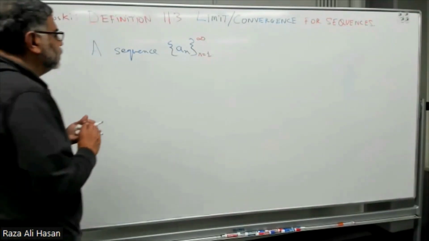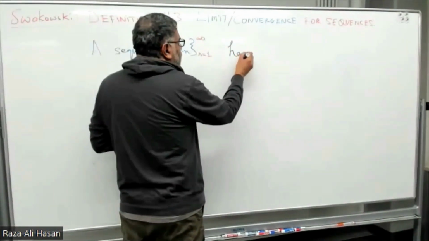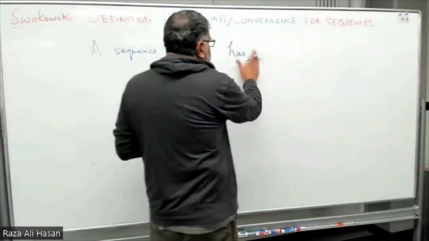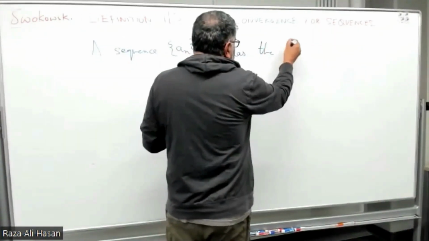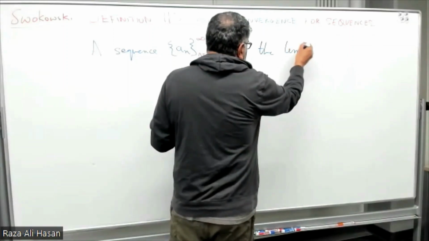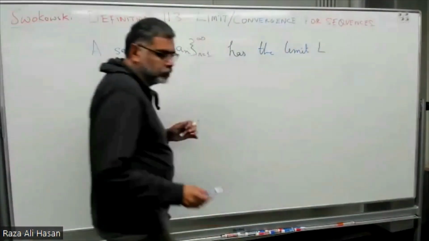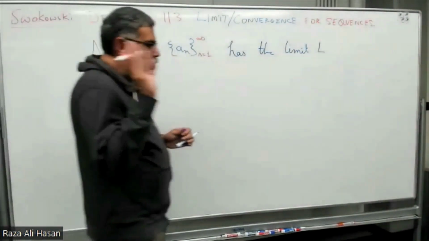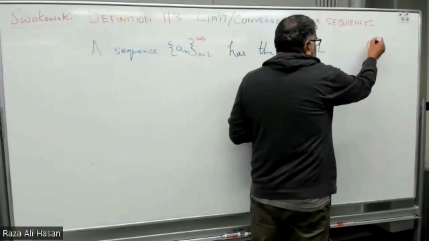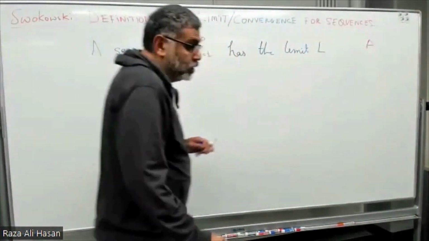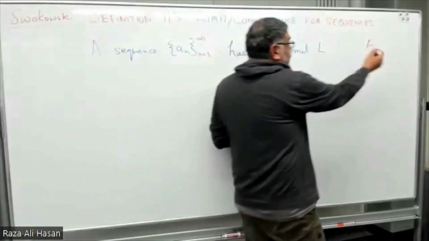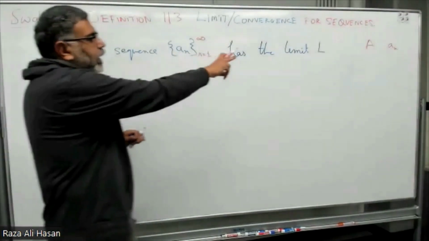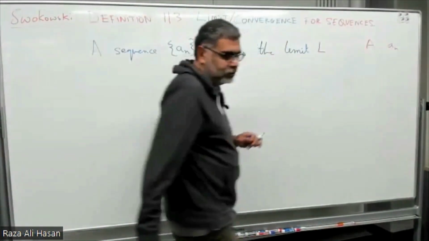A sequence has the limit L. In Belding and Mitchell, it's usually A when we deal with sequences, because A is the limit and a term is AN. This L is usually used for functions.